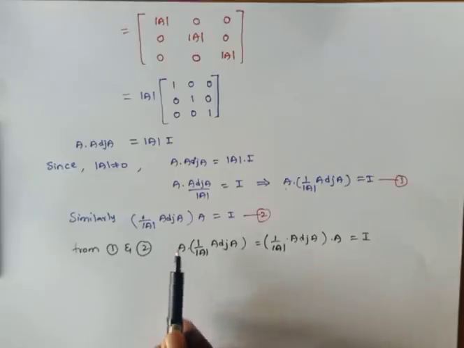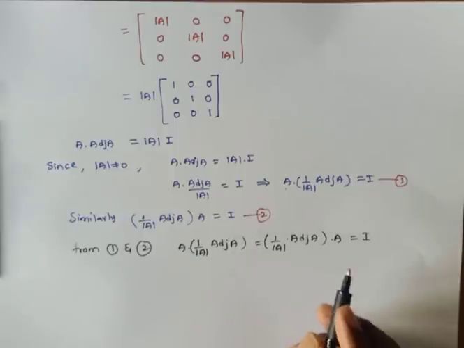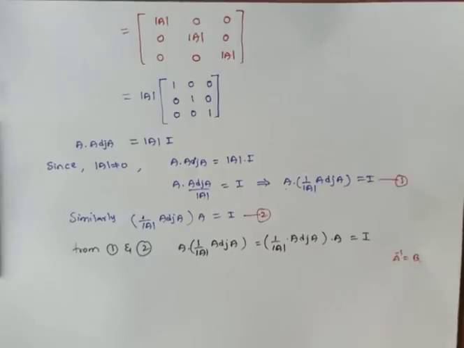Now you can observe this is in the form of A into B equals B into A equals I, meaning A and B are inverses of each other. In that case, we express it as A inverse equals B, right?